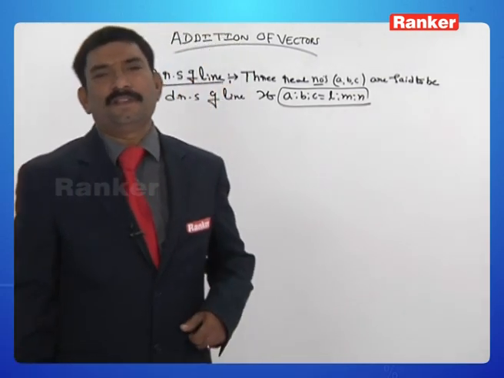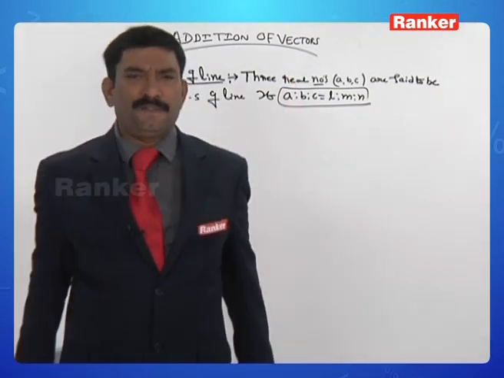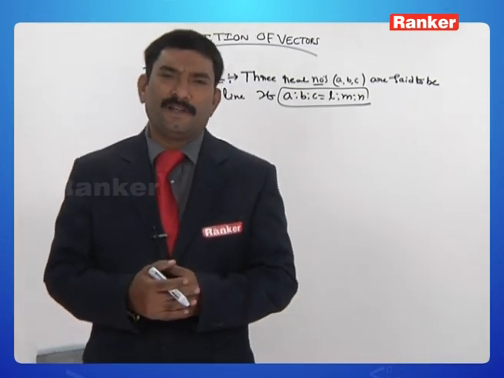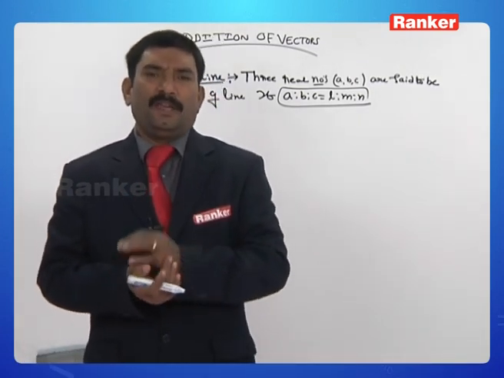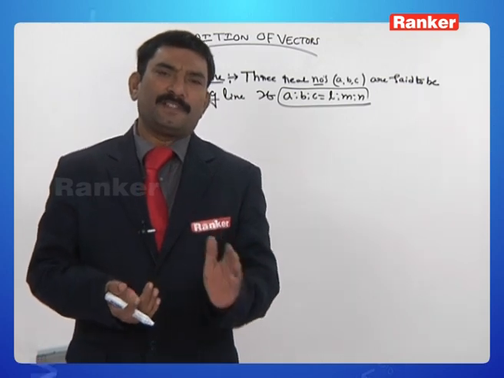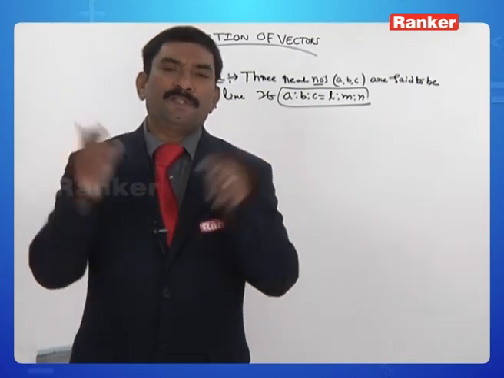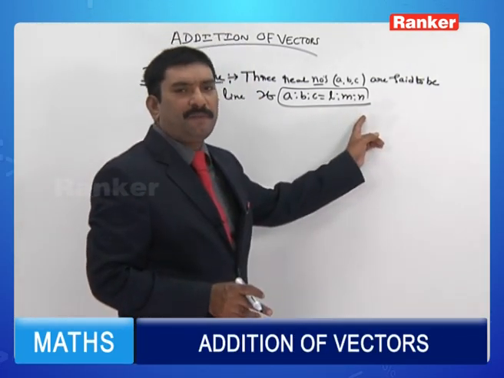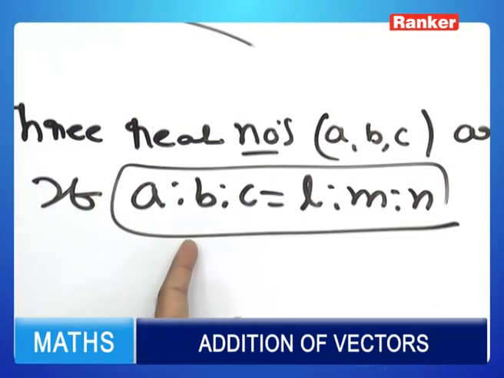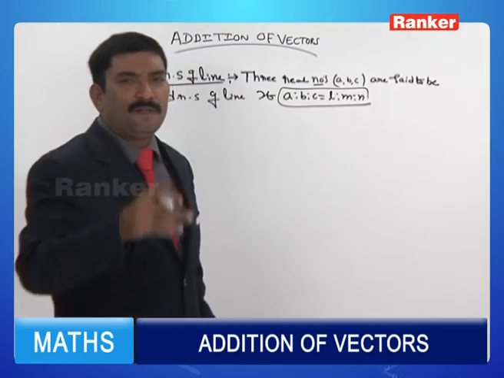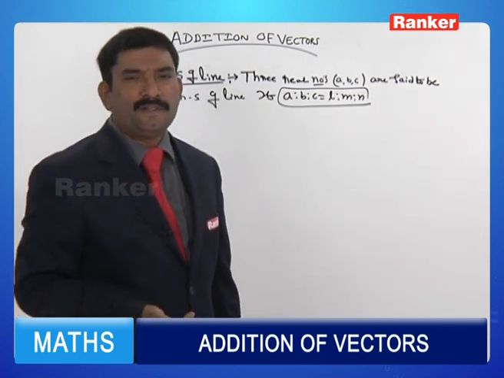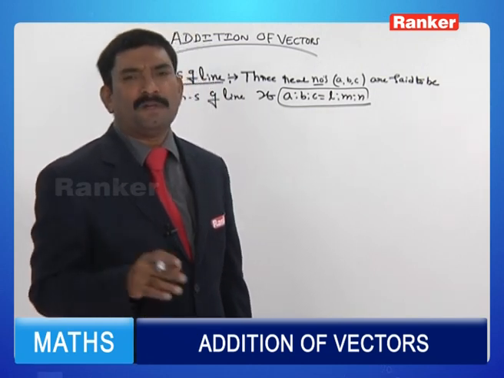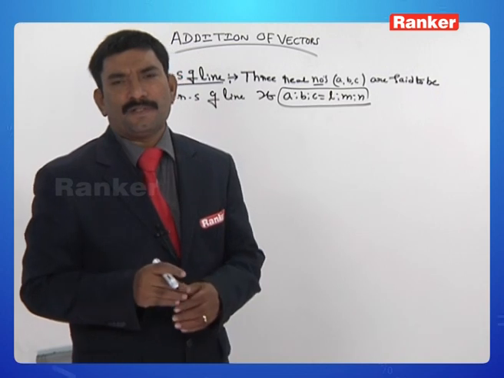It means you take any three real numbers. Any three real numbers are said to be DRs of a line provided they are proportional to the direction cosines. What are L, M, N? DCs of a line. So these are three real numbers; if they are proportional to L, M, N, then we call them direction ratios.